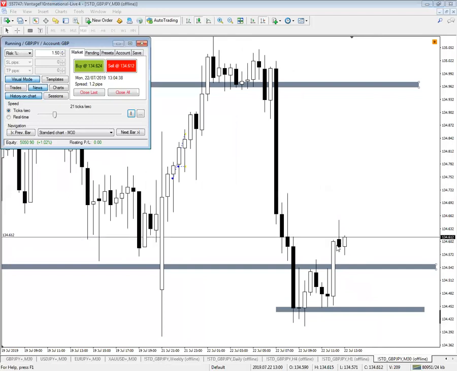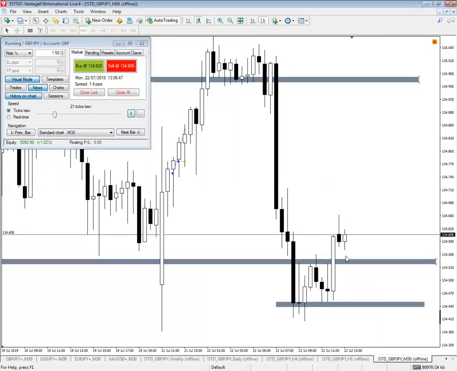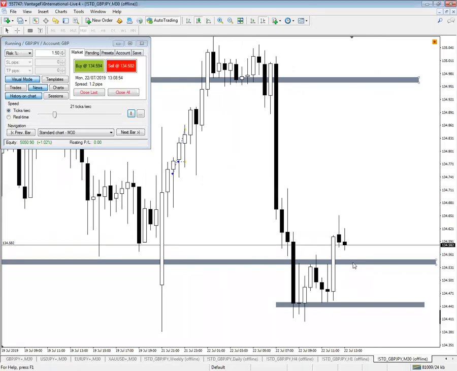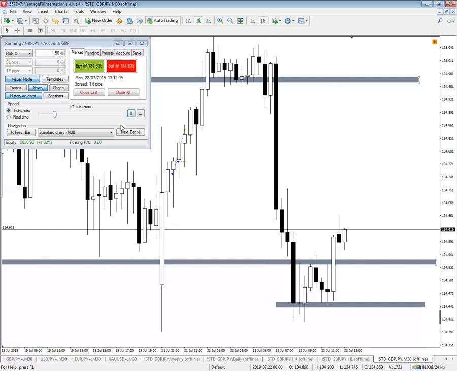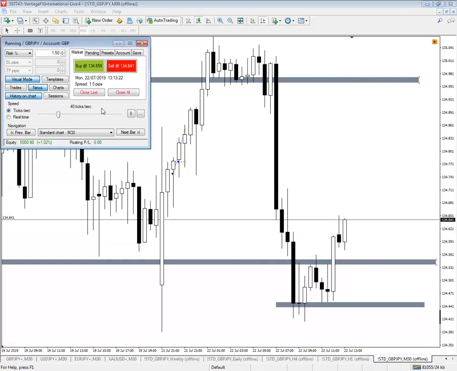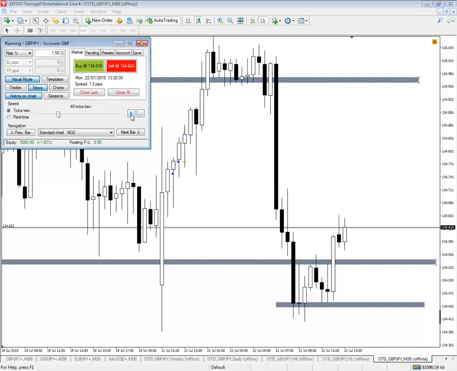I want to see a candle close in our direction now, and especially want to make sure we're respecting this price area. A few seconds left for this candle to close.